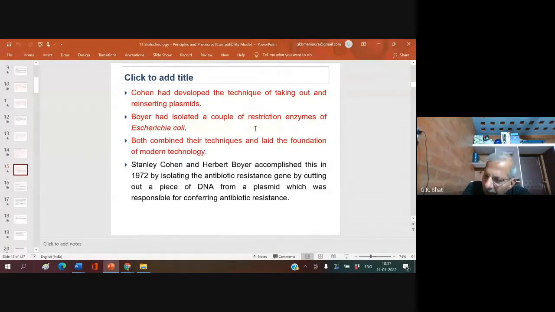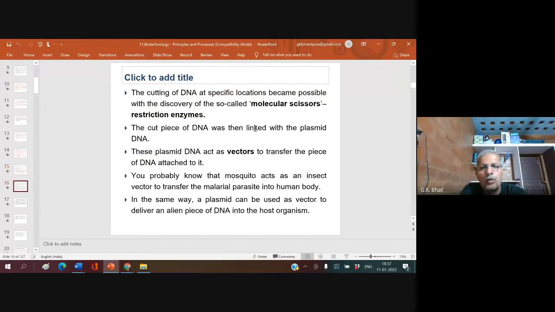Another scientist had the expertise in isolating a restriction enzyme, which he has done in Escherichia coli. So we now have two scientists. One is expert in taking out and inserting, another is expert in cutting whatever is desired, whatever is required.